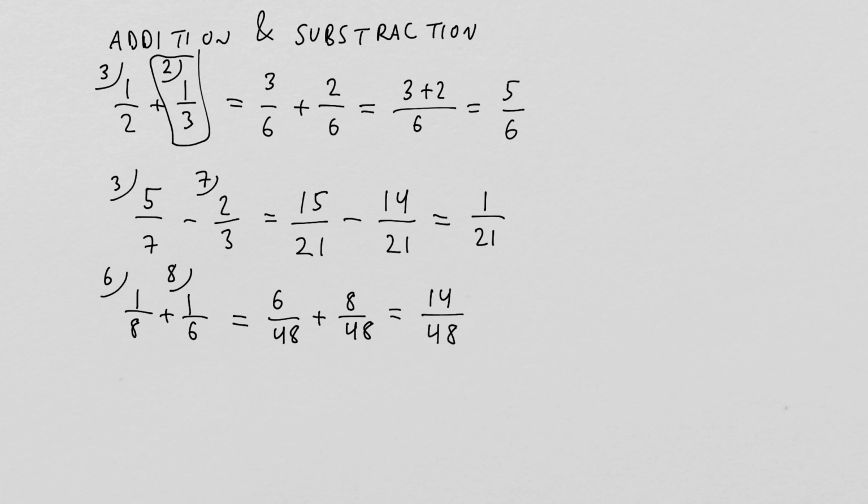We see that the numerator and denominator are even numbers, so we can cancel out numbers 2 from here, and we get our result. Here we had to do some extra work.